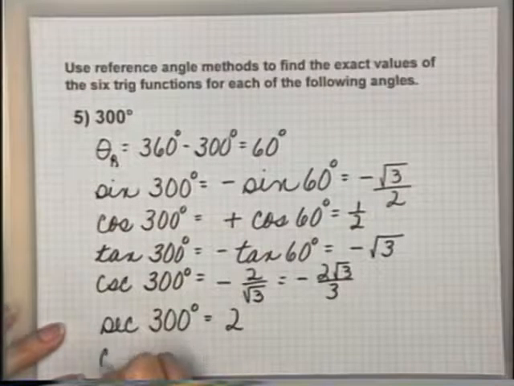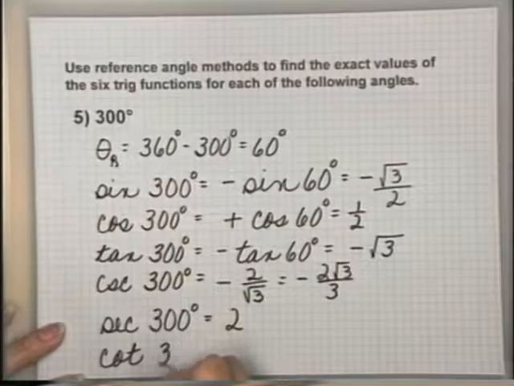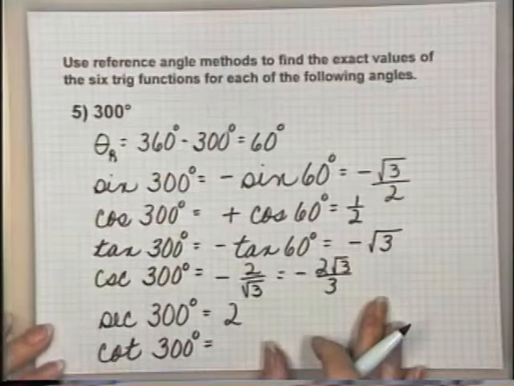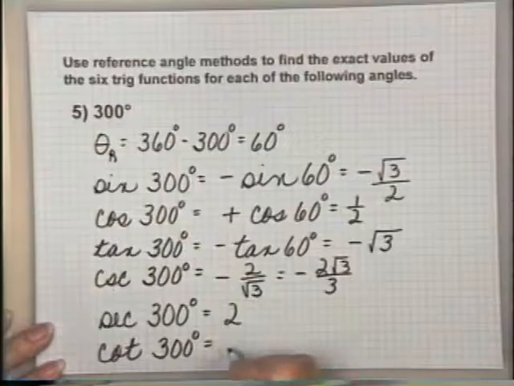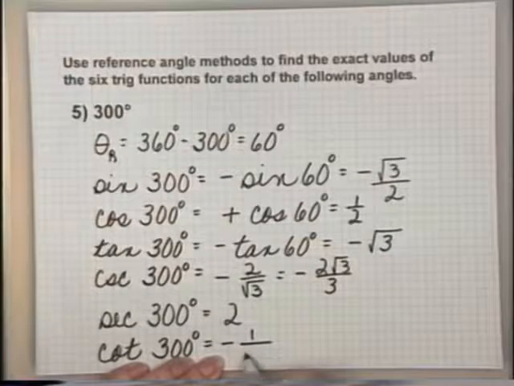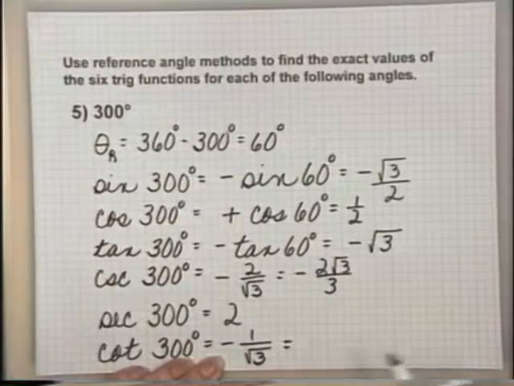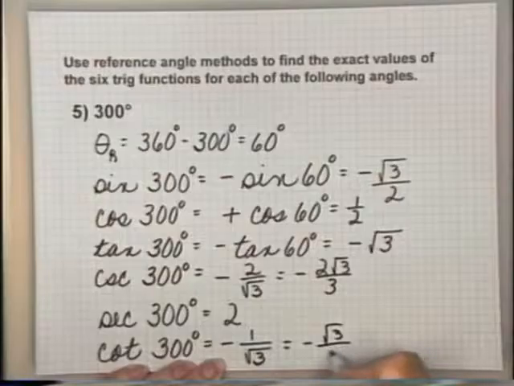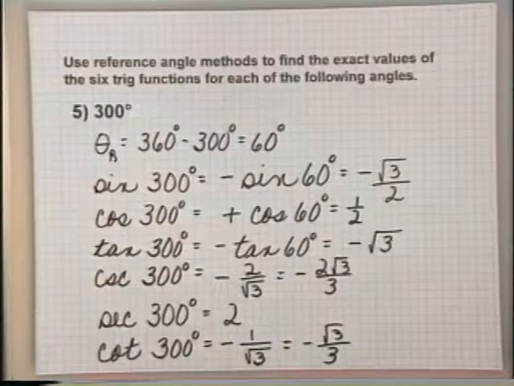And the last one, the cotangent of 300 degrees, equals the reciprocal of the tangent, so that would be minus 1 divided by the square root of 3, and when we rationalize, that would be minus the square root of 3 divided by 3.